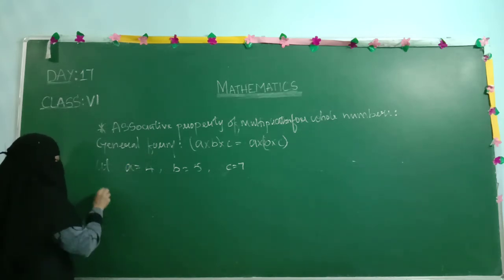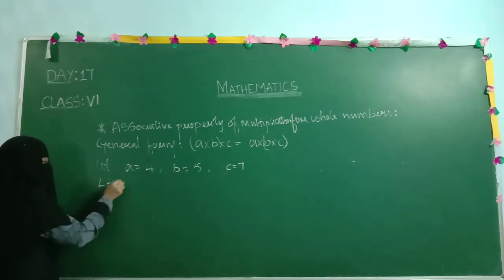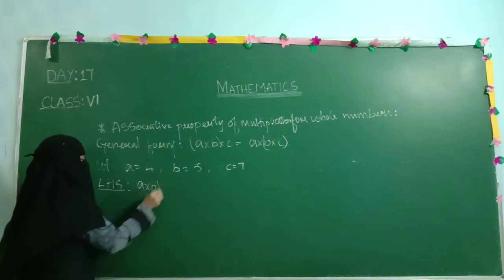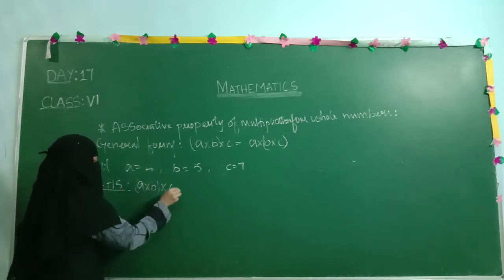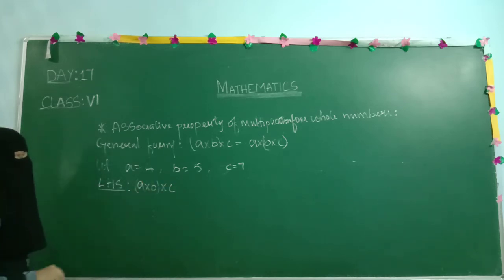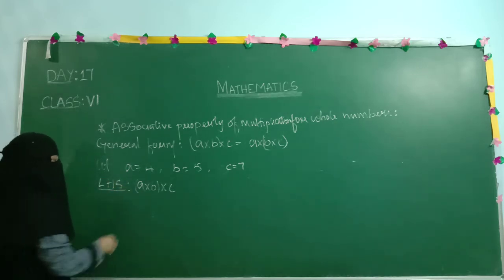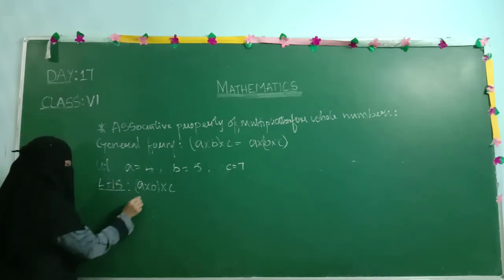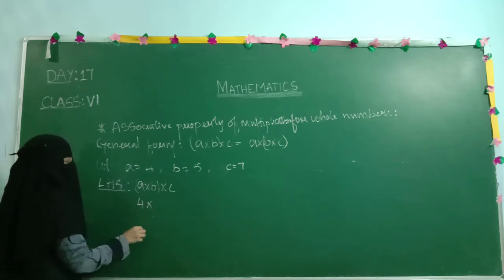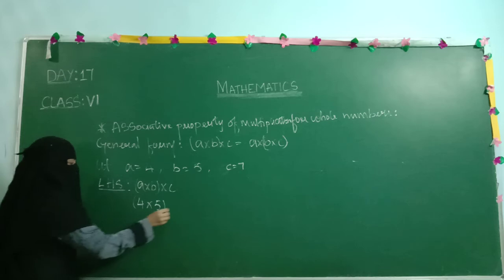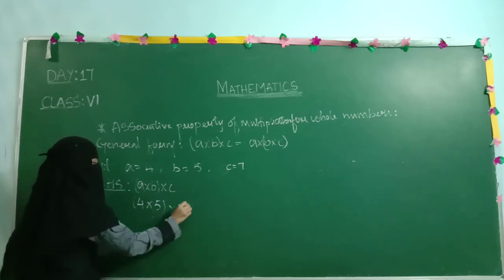Now we need to take the LHS part first. LHS stands for left hand side. LHS I am taking, that is (a into b) into c. Whatever the terms we have taken, a, b, c, we need to replace with these numbers. So a is 4 into b, which is 5, into c, which is 7.